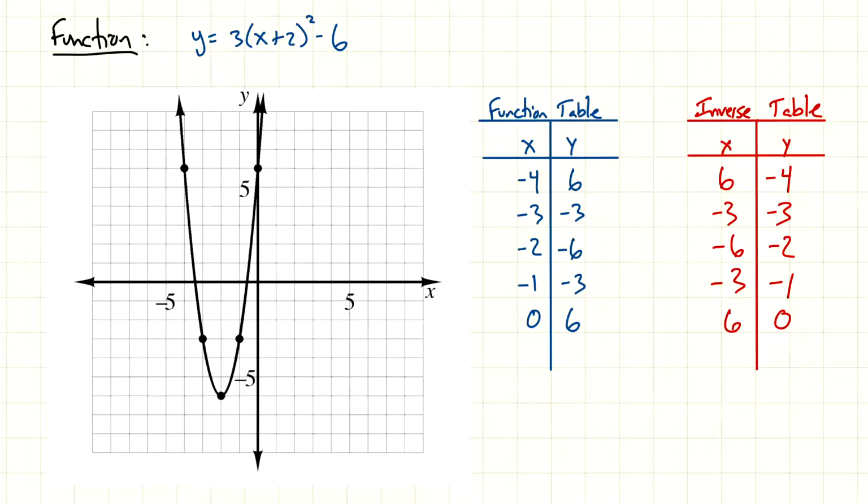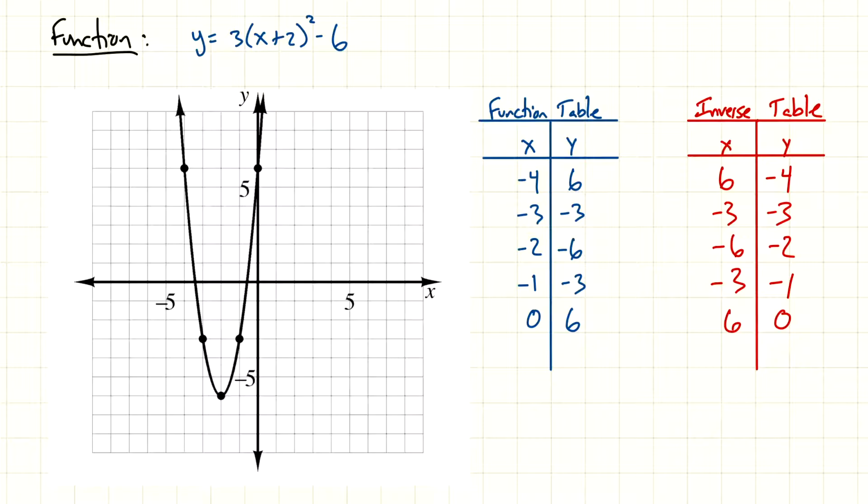Once we have our points, just like before with the linear, we're going to plot these points and get a look at what the graph will look like and see if there's anything we could do to write the equation for that.